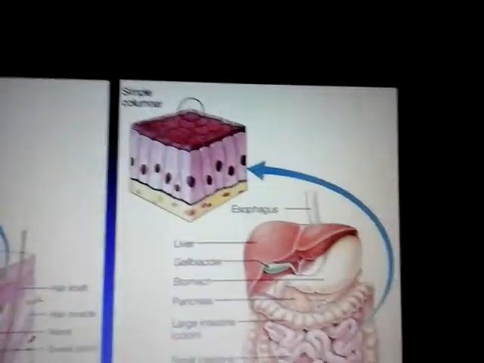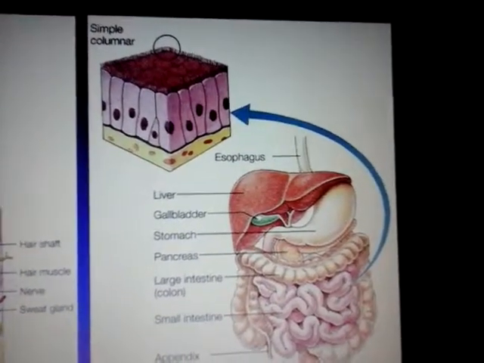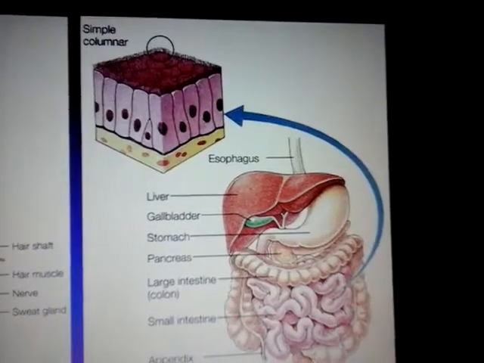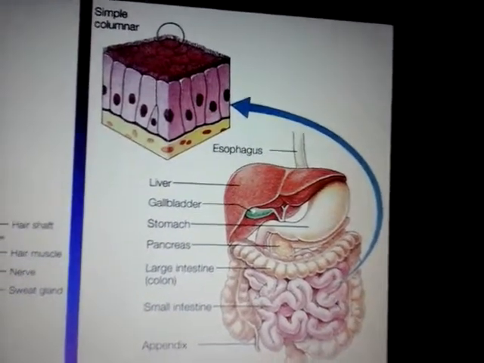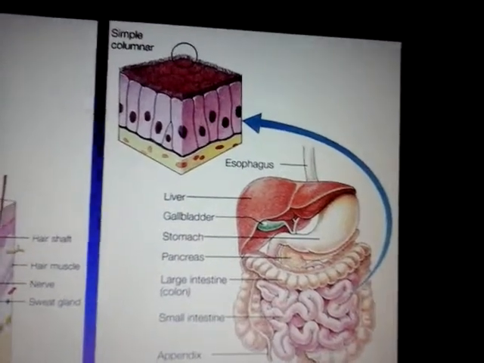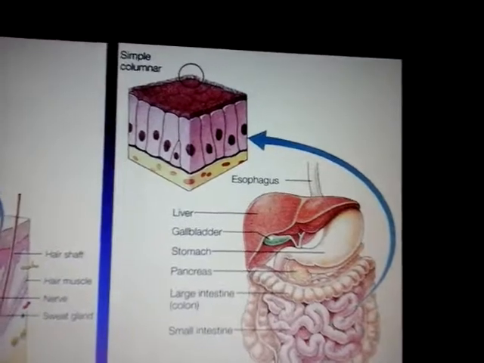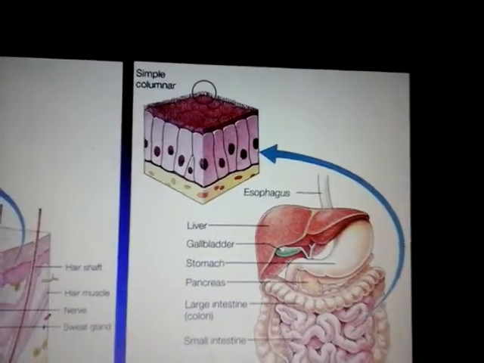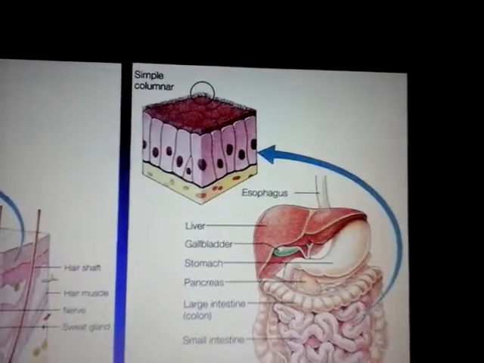Well, you also have columnar, simple columnar. And so as you can see in your coloring book, we find a lot of the simple columnar in our digestive system. Well, they're simple, so they're still just one layer, so they're still going to absorb and secrete, but they're a little bit longer, and that basically gives your body a little bit of extra protection.